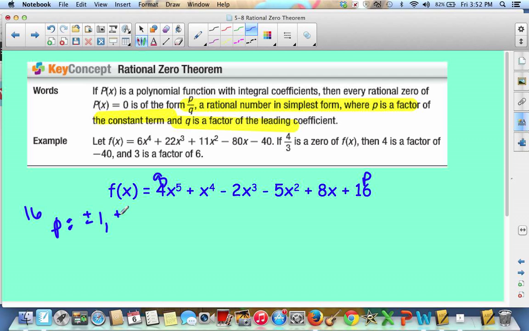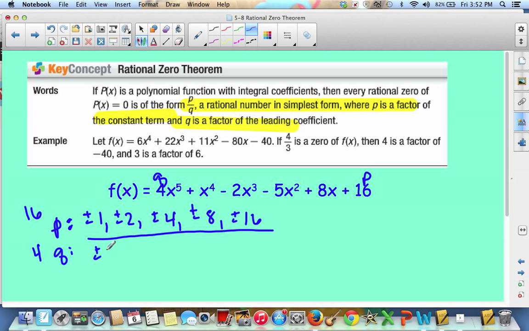Plus or minus 2. What else goes into 16? Plus or minus 4, plus or minus 8, and then plus or minus 16. Okay, so that's our numerator. And then our denominator, our q, is going to be our 4. So what are all the values that go into 4? Plus or minus 1, plus or minus 2, and plus or minus 4.